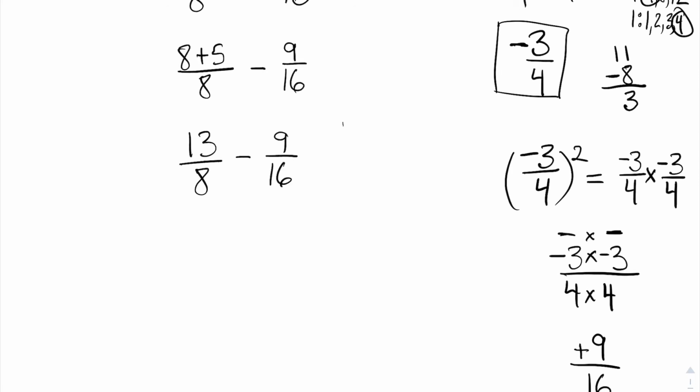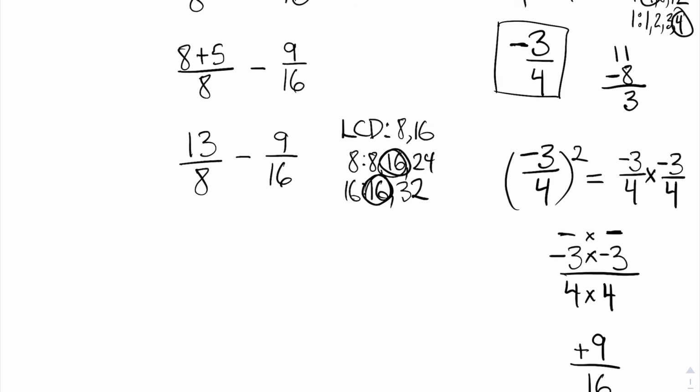This is subtraction, so I'm looking for that LCD again. So between 8 and 16, well, list my multiples of 8: 8, 16, 24. List my multiples of 16: 16, 32. Well, I guess I already got it. It's 16.